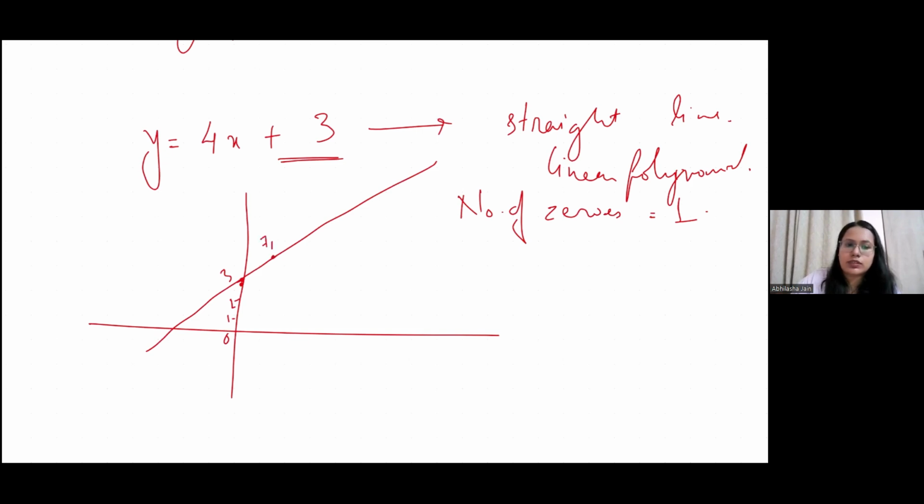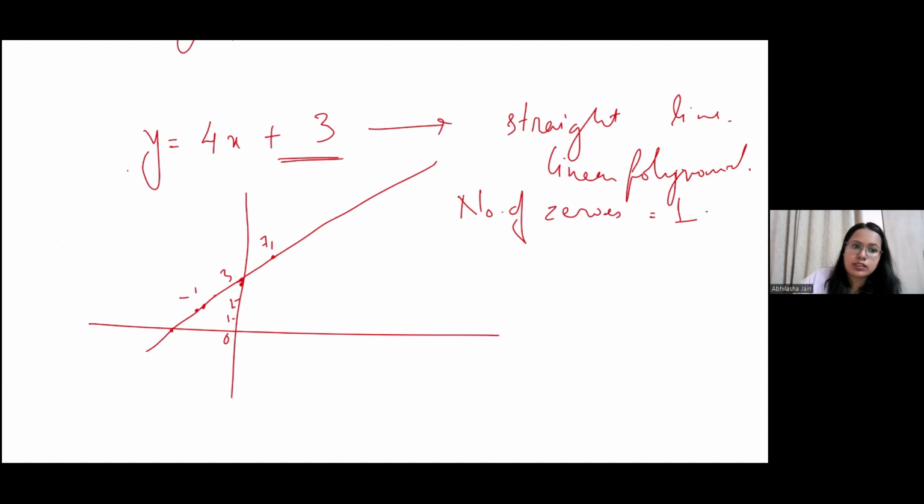For x equal to negative 1, y is going to be negative 4 plus 3, negative 1. For y equal to 0, x will be negative 3 over 4.